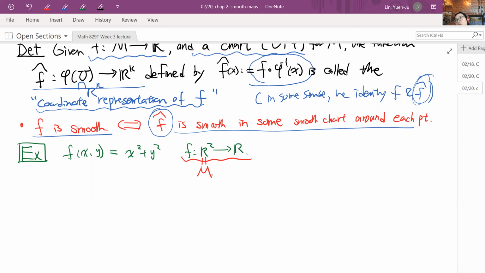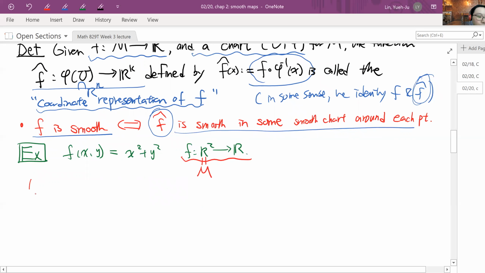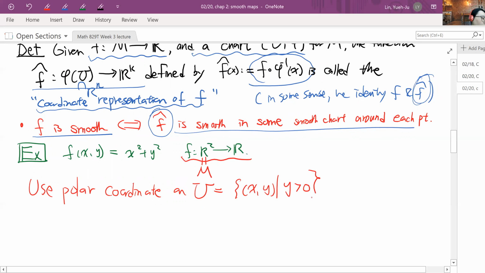I want to use the polar coordinates, in a specific smaller domain. Sorry, I want x to be positive, it doesn't matter.